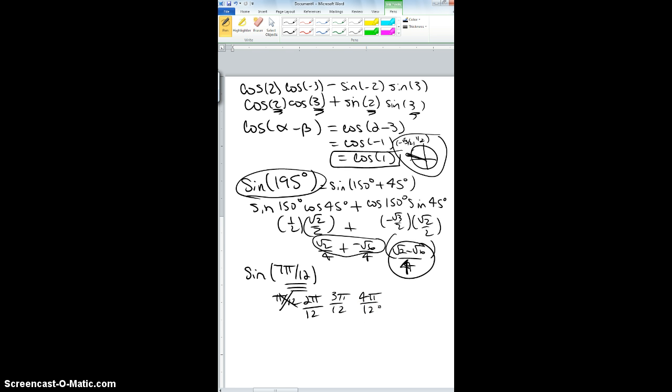So I can look at these right here, and obviously these guys add up to 7 pi over 12, so that might be a good idea. So I could use 7 and then do 3 pi over 12 plus 4 pi over 12. Again, I'm going to use the sum formula here.